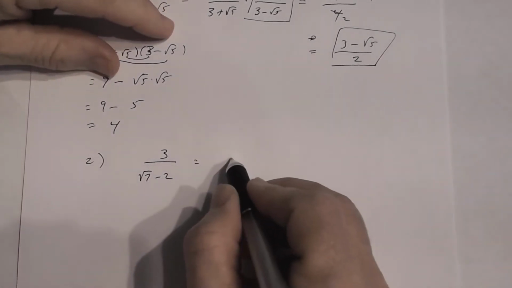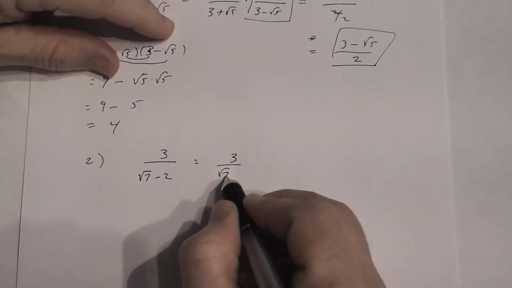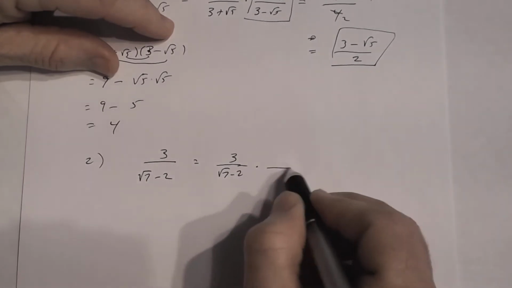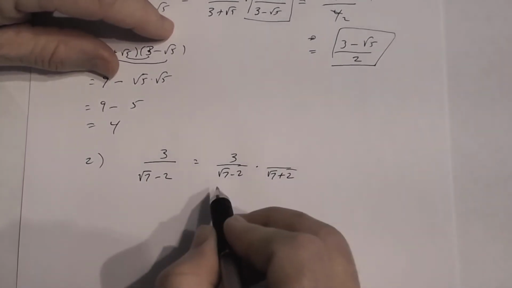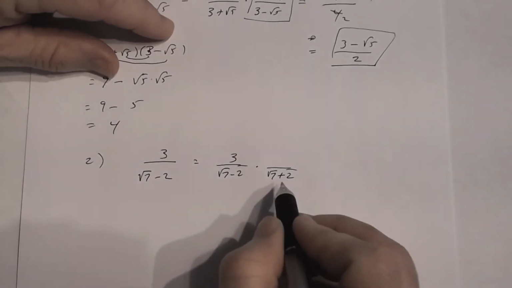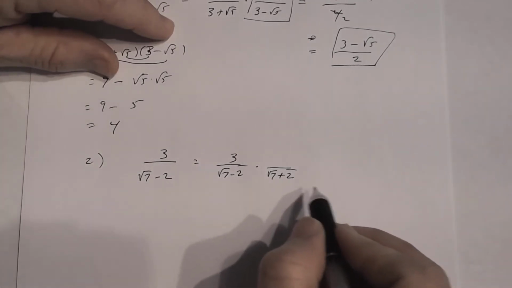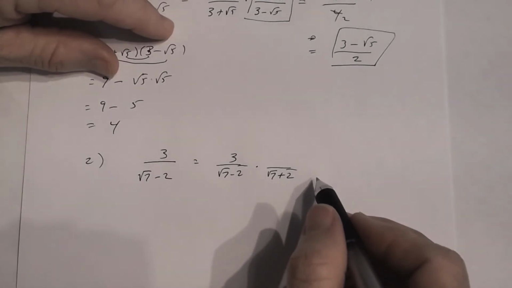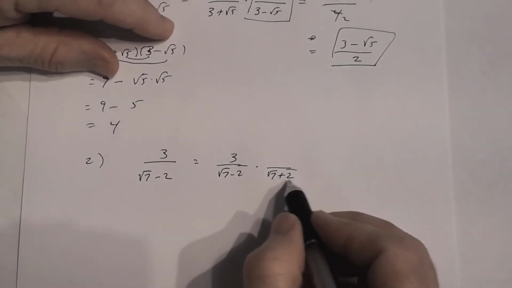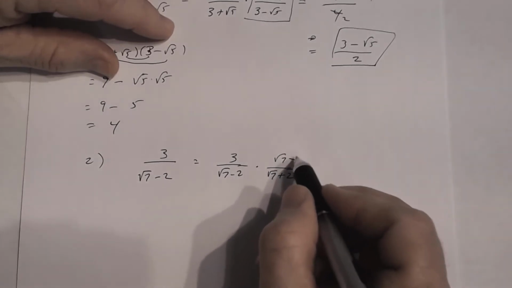So the conjugate of the square root of 7 minus 2 is the square root of 7 plus 2. And so that will guarantee, when I multiply these together, that the product will not contain a radical. Okay? But what I do to the denominator, I have to do to the numerator.